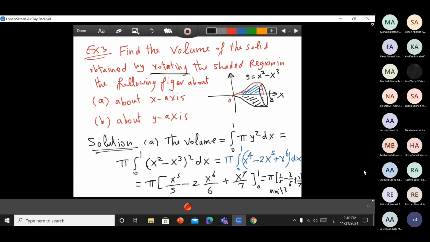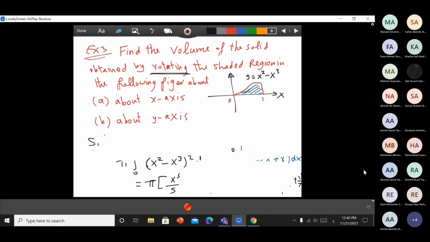Fine. Let's go to rotate about the y-axis. If you would like to rotate about the y-axis, it means what?